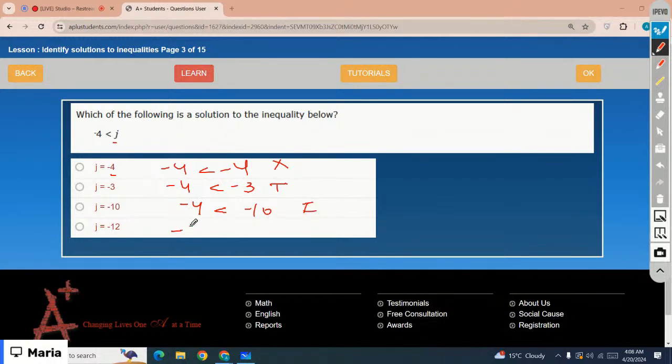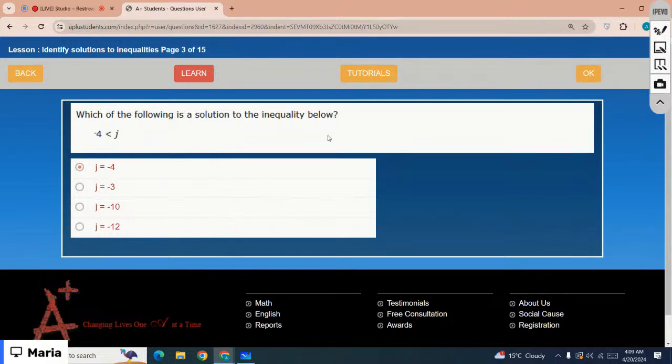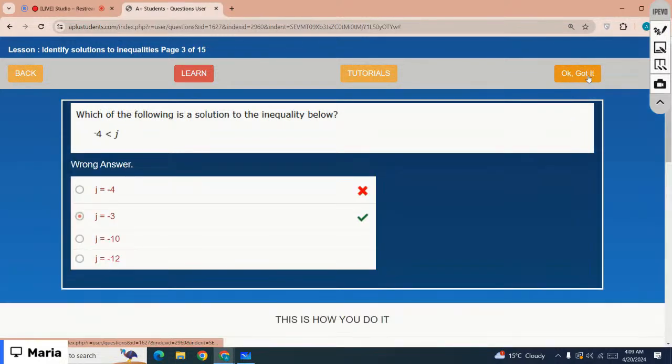False. Option number 1 is the correct option. Sorry, j equals negative 3 is the solution.